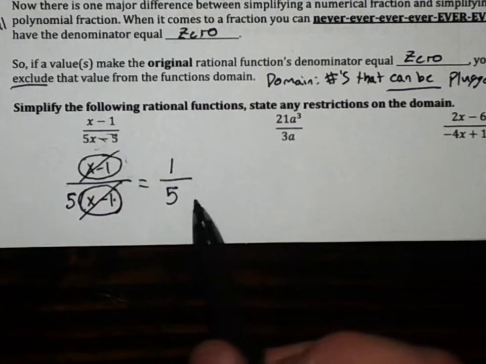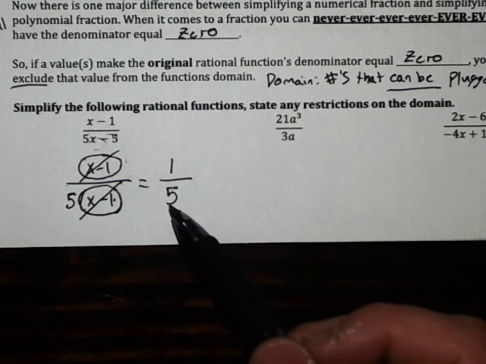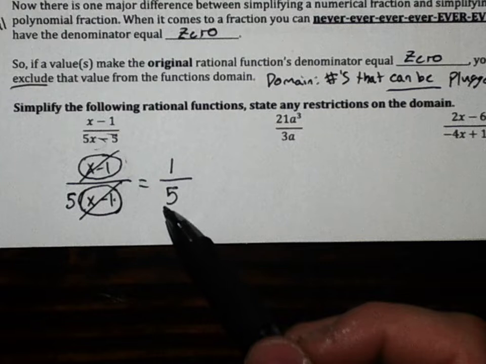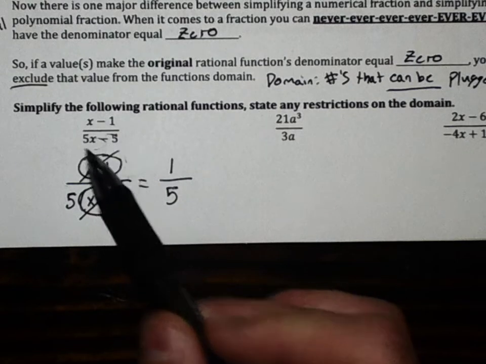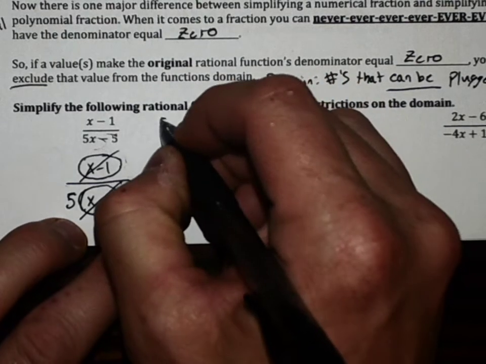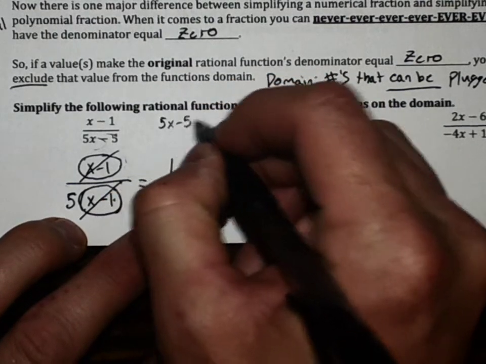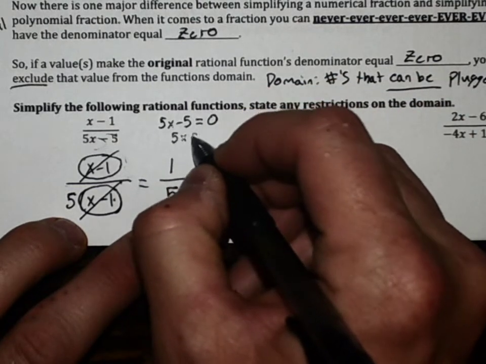But here's the problem. We are now left with a statement, 1 divided by 5. But could my original denominator equal 0? The answer is yes. If you take 5x minus 5 and you set it equal to 0, you add 5 over and you get 5x equals 5.